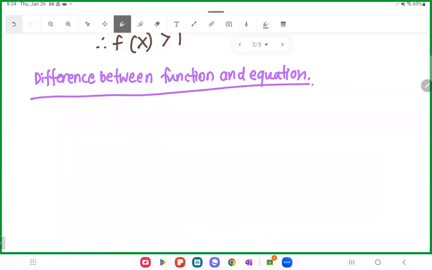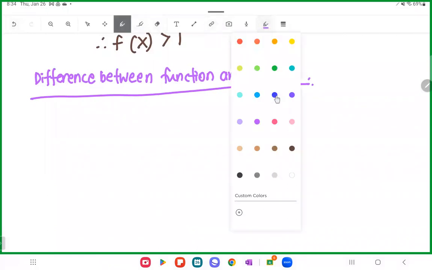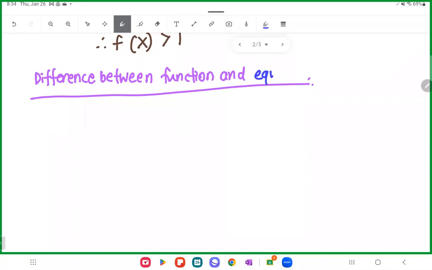Okay, people, I'll show you the difference between function and equation. I'm going to change the color for this so that it's easier for you to relate. For a function, hopefully this one can help you see better.